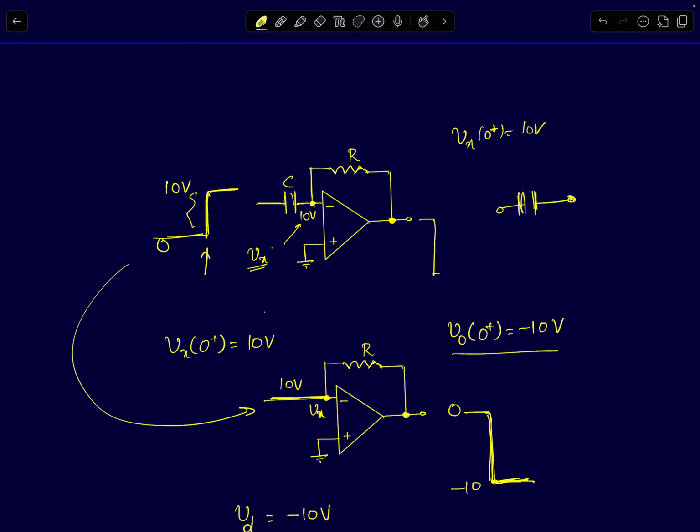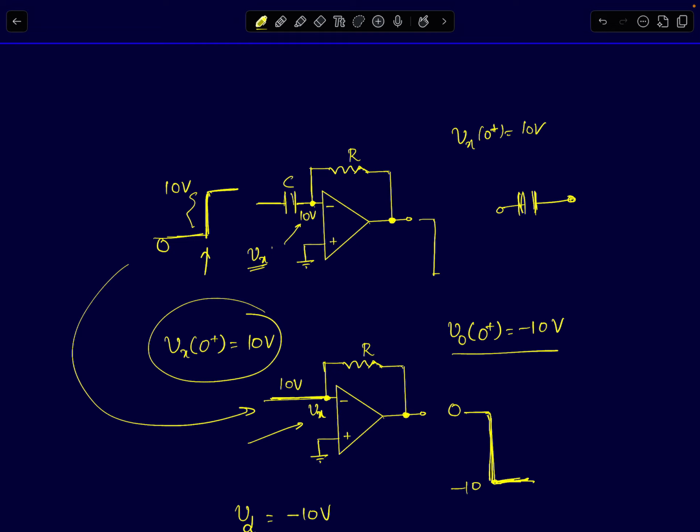So Vx of 0 plus will be equal to 10 volts. Now if you see, we are forcing the inverting terminal's voltage. Generally in op-amp circuits, usually the negative feedback voltage from the output terminal will decide what Vx will be. But now since we are forcing it, driving it using a voltage source here, there is no negative feedback in the circuit, right?